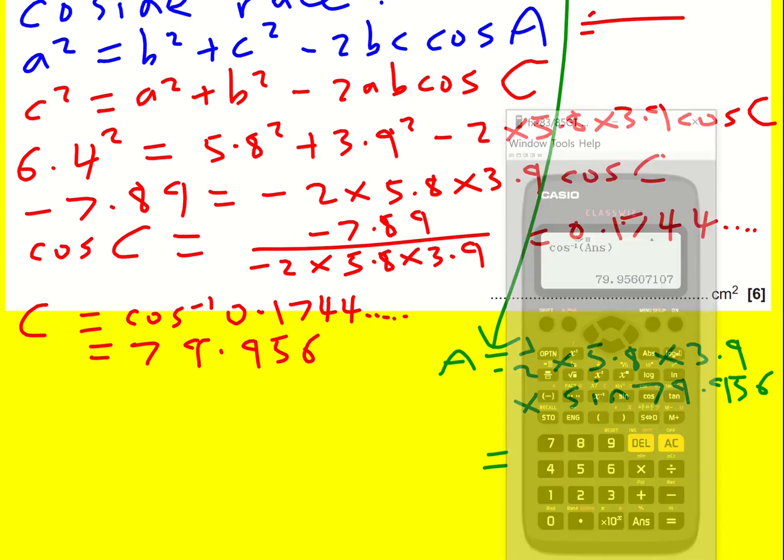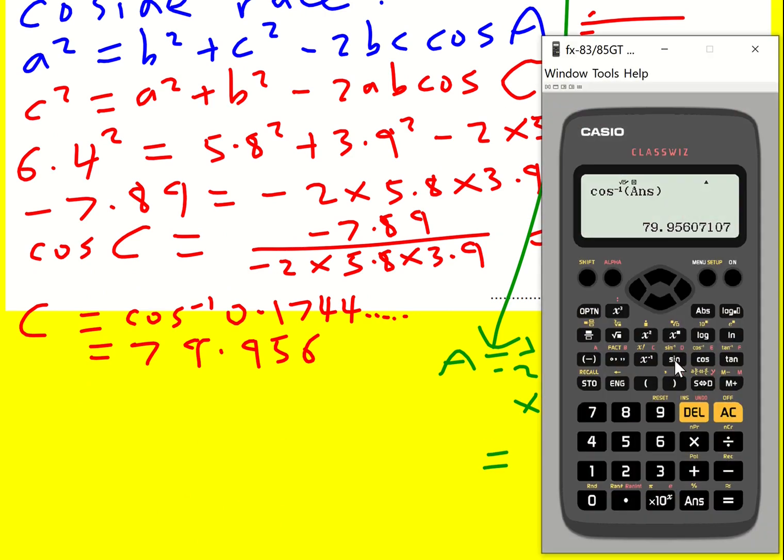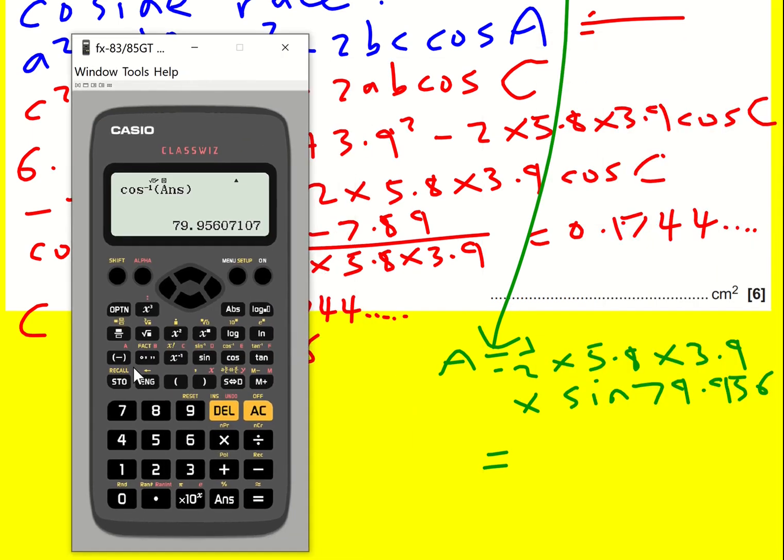Again, I can do all of this exactly on my calculator. So I could write 0.5 or a half times 5.8 times 3.9 times sine of the answer, because it's still stored in the memory, 11.1366.